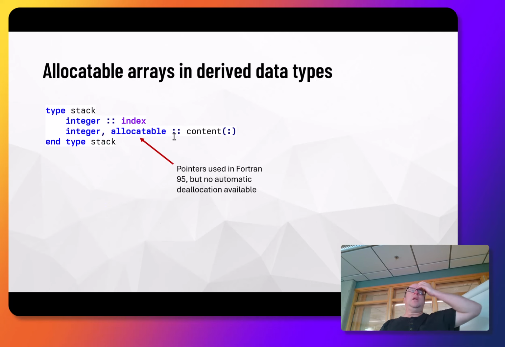Also, something that was really recent as well is that before you couldn't have allocatable data types in your derived data types. Now you can. Before you had to have pointers, and now you can have allocatable inside. It sounds like a really obvious thing to have, but it was not until Fortran 2003 or something that you could do this. So these features are kind of old, but anyway, it's newer.